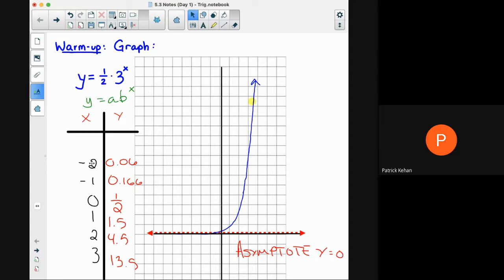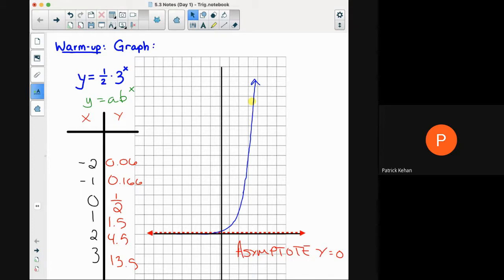I can put negative infinity into this function and still get some fraction of an output that's greater than 0. And as the input values get larger, this graph just continues to grow exponentially towards infinity. Nothing will ever stop it on either side of 0. So we would say the domain of this function is all real numbers.